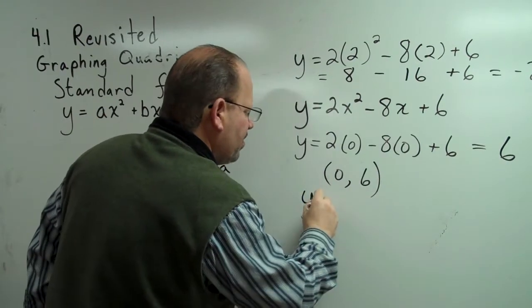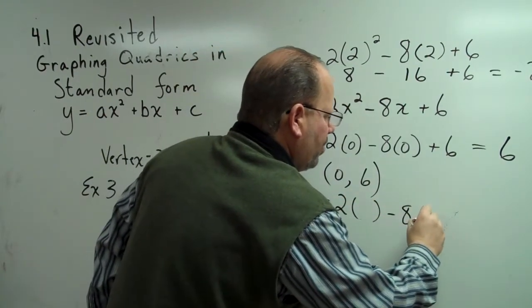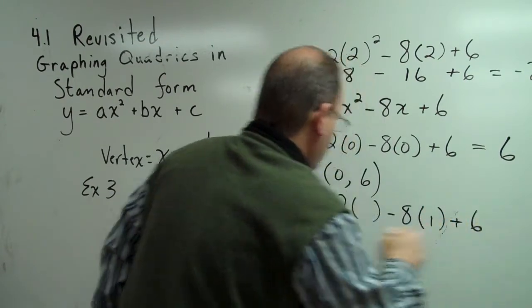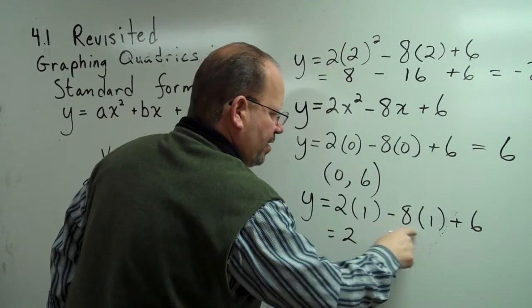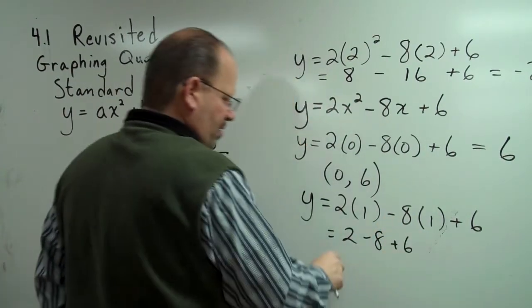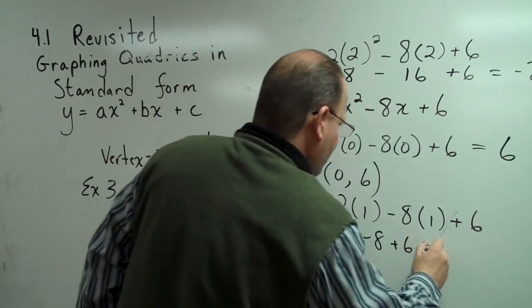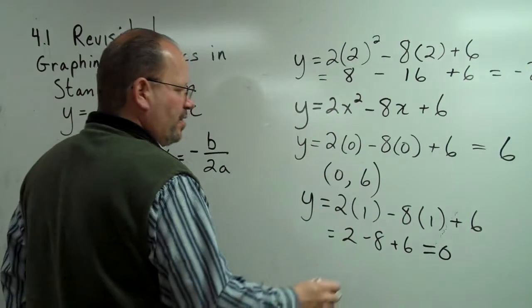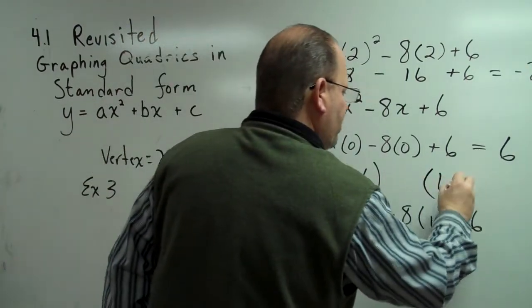And then we substitute in 1, because 1 is another easy number to work with. 2 times 1 is 2, minus 8 times 1 is 8, plus 6. 2 minus 8, negative 6 plus 6 is 0, and we find this other point at 1, 0.